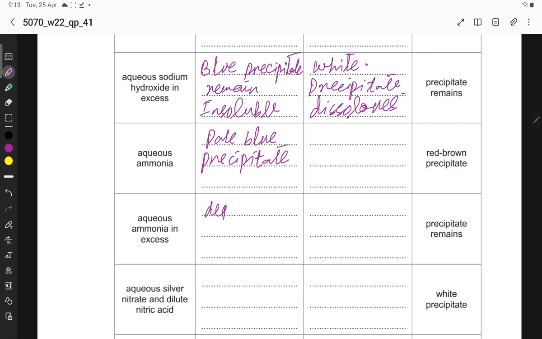Deep blue solution. Aqueous ammonia, white precipitate with aluminum ions.